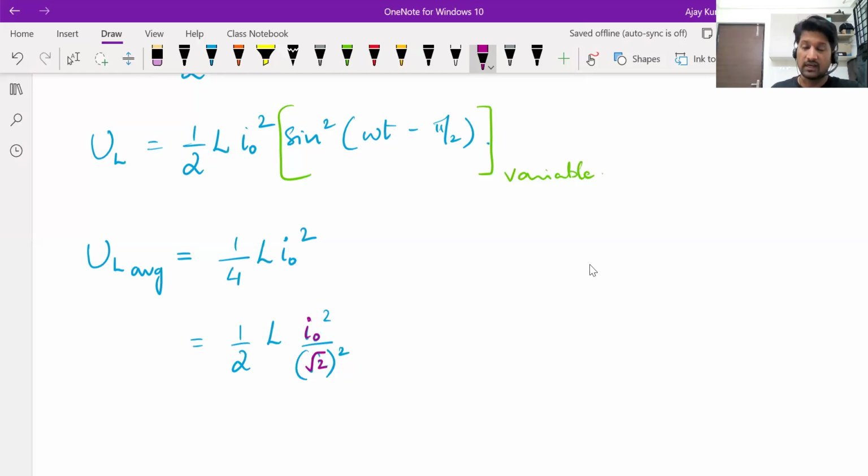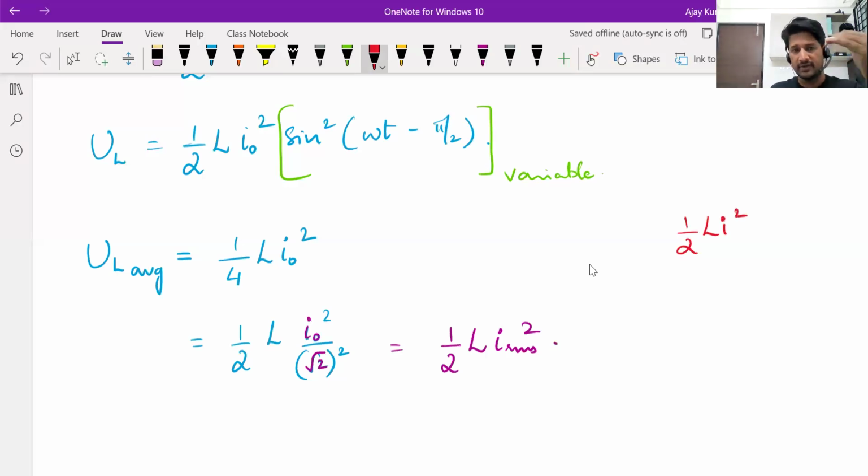RMS. I RMS, the RMS value of current. So you can equate this to half L RMS current squared. And once again, we see the meaning of RMS current. Usually, if a constant current I flows through an inductor, then the energy stored in it becomes half L I square.